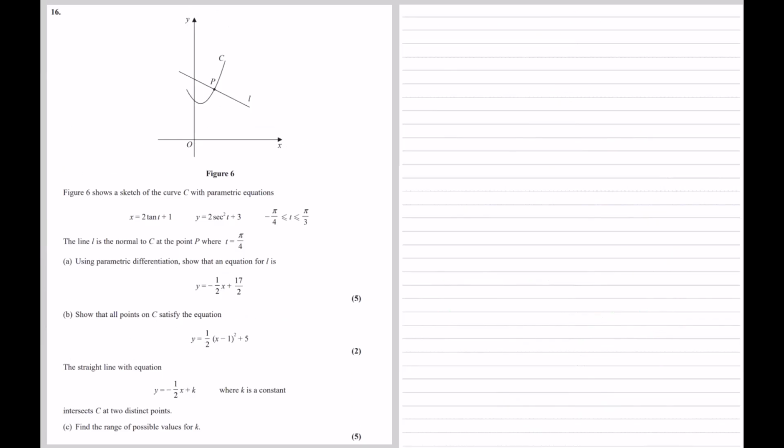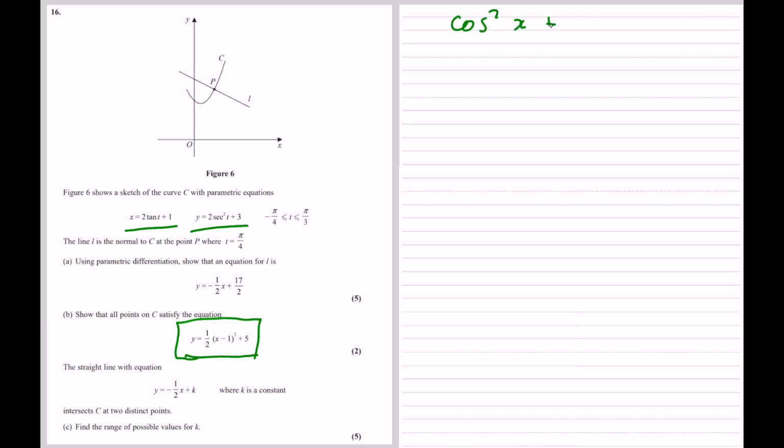Part B, show that all points on C satisfy the equation y equals half times x minus 1 squared plus 5. So we want to change from parametric equations into Cartesian equations. And when we have these, well, I've got tan and sec this time, we can use our identity.